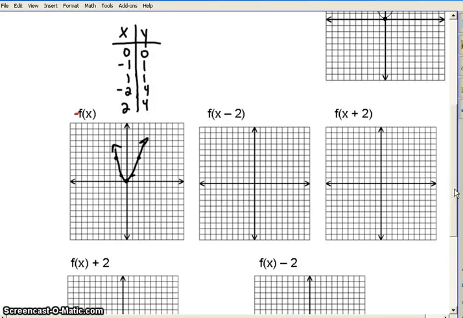So using these points here, if every one of these points needs to be negative, the 0 is going to stay the same. You can't make 0 negative. But instead of negative 1, positive 1, it's negative 1, negative 1. Okay, and then positive 1, negative 1. The 4s are both going to become negatives.